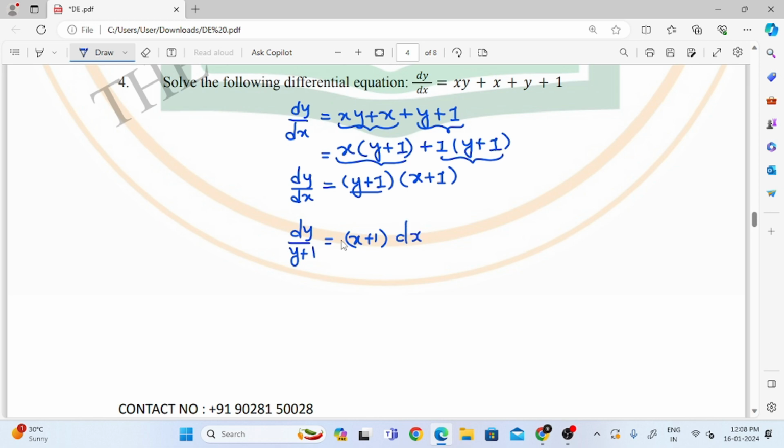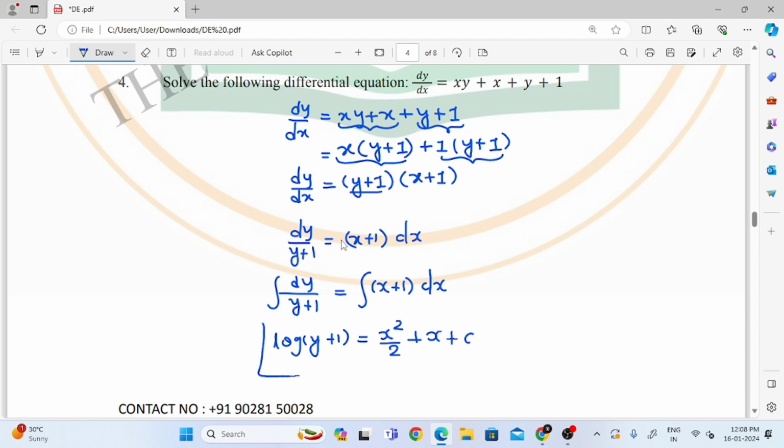So now it is variable separable, so we can take integration on both sides. Integration of dy upon y plus 1 is equal to integration of x plus 1 into dx. We know that integration of 1 upon y plus 1 is nothing but log of y plus 1, is equal to integration of x, that is x square upon 2, plus integration of 1, that is x, plus c. So this is our answer.